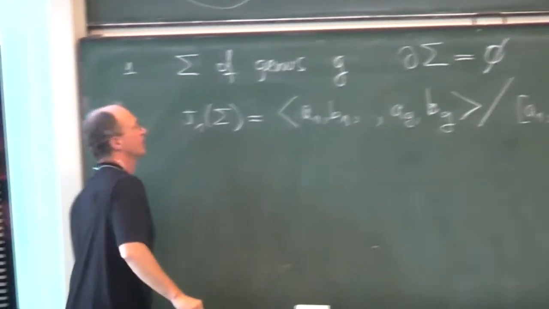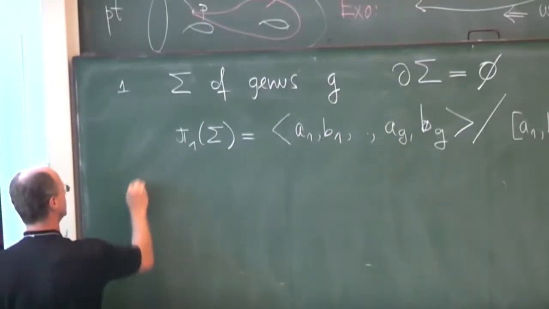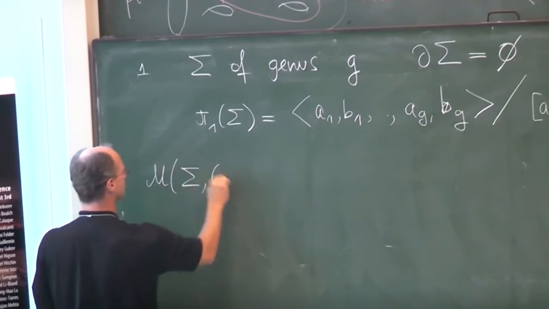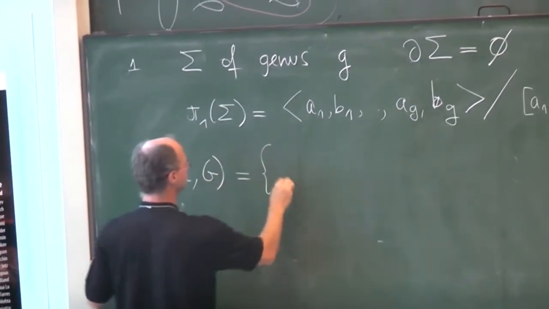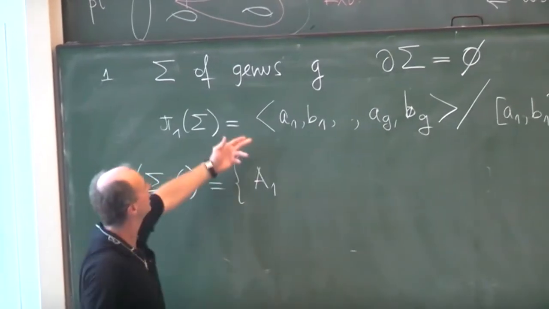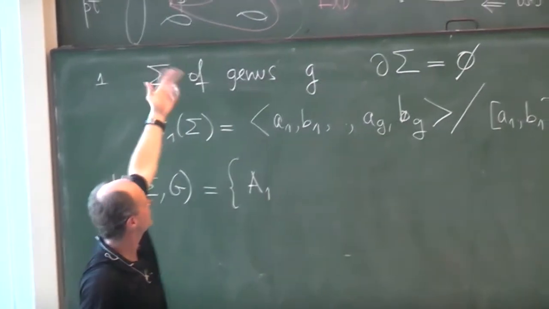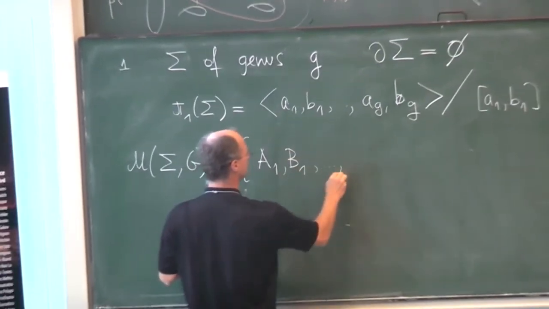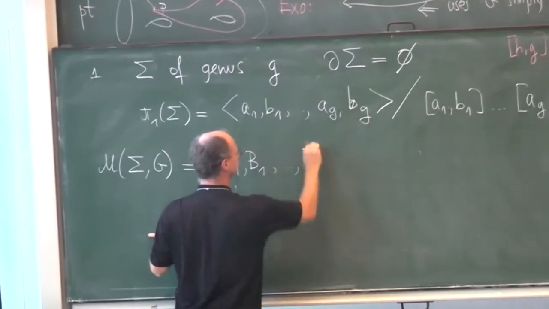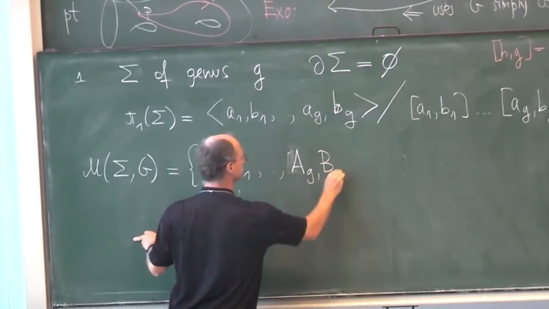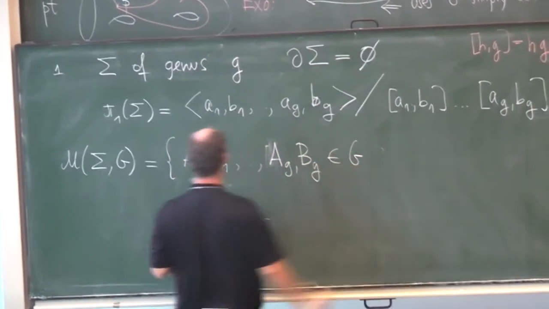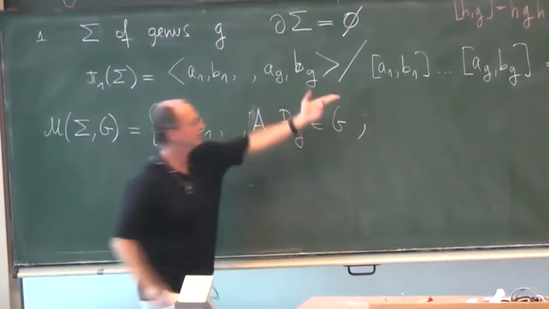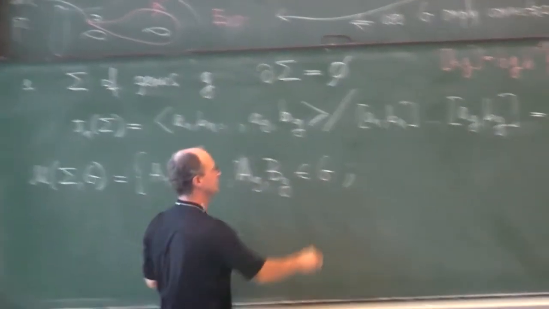So in particular this means that M of sigma G, what is it? This homomorphism, this map, is completely defined by the images of generators. So we need a 2G-tuple of elements in G, and we need the relation to be satisfied.